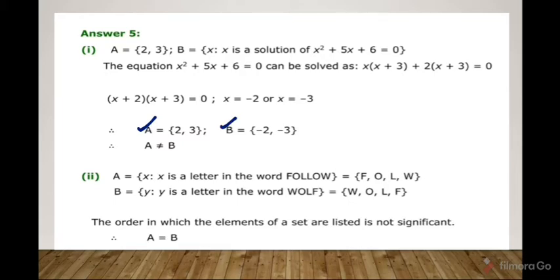Set B is the collection of minus 2 and minus 3. The number of elements is the same, but as you can see, the elements are different. The first set contains positive 2, positive 3. The second contains negative 2, negative 3. That's why A is not equal to B.